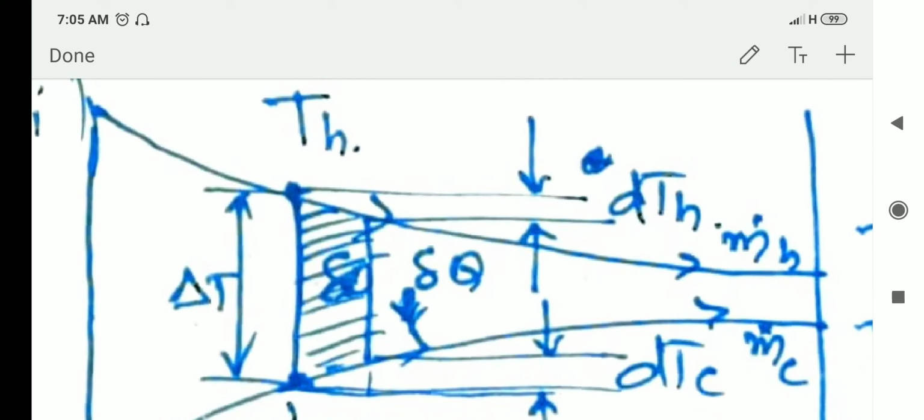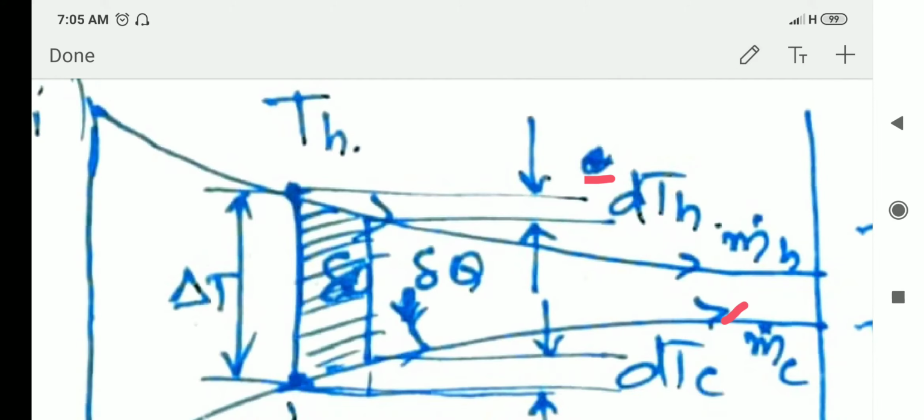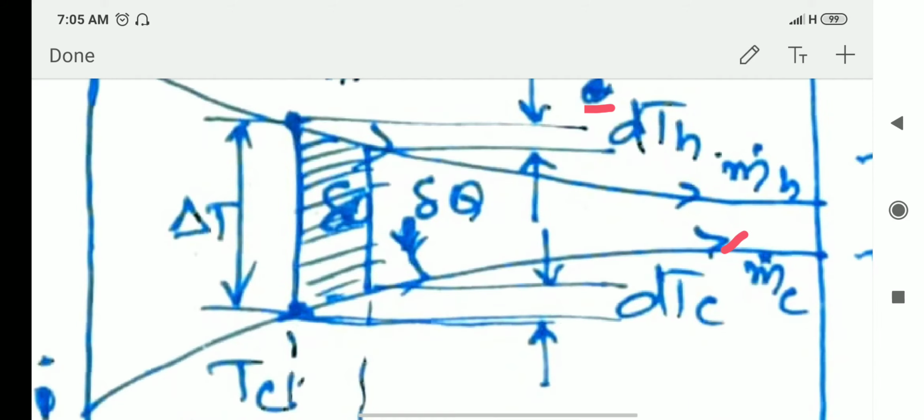Actually this dTH has to be negative. Why? Because the temperature is dropping over this length. Final minus initial is the differential, and the final temperature is less than the initial temperature, so dTH is negative. What about dTC? dTC is positive, because the final temperature of the cold fluid is higher than its initial temperature.